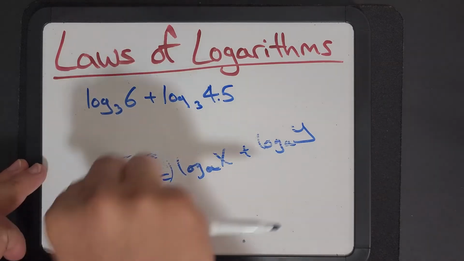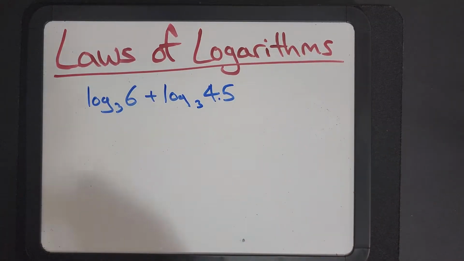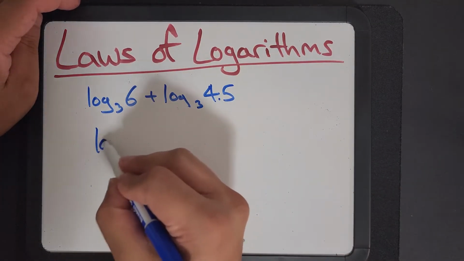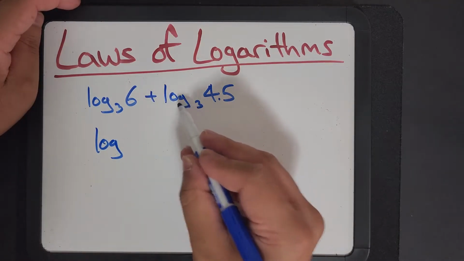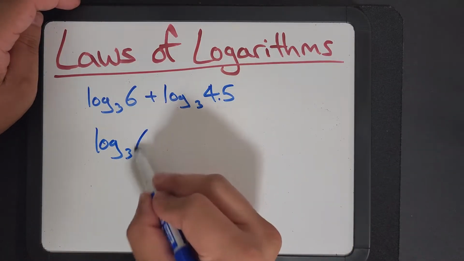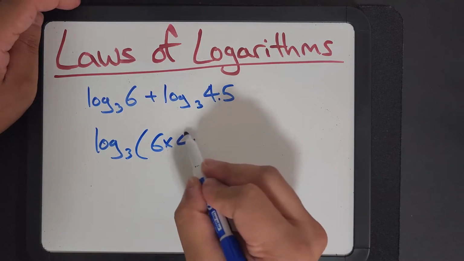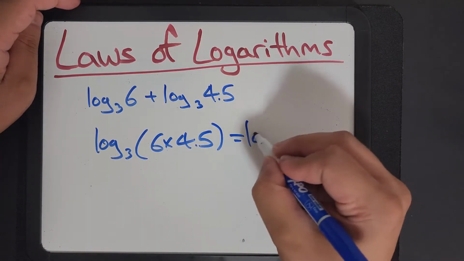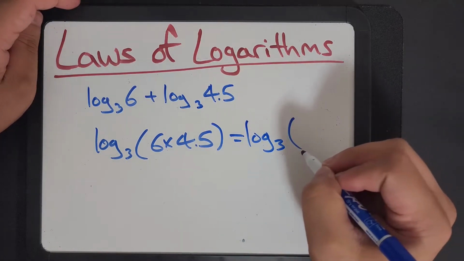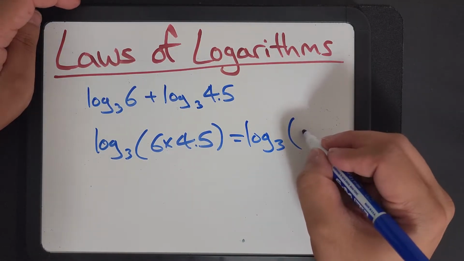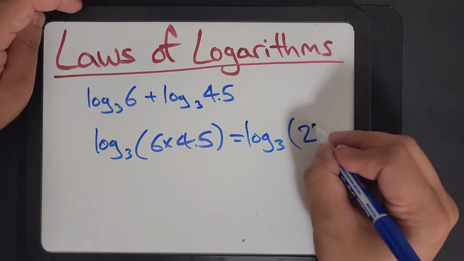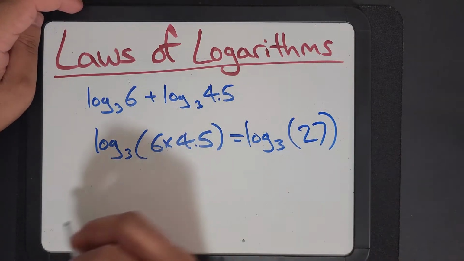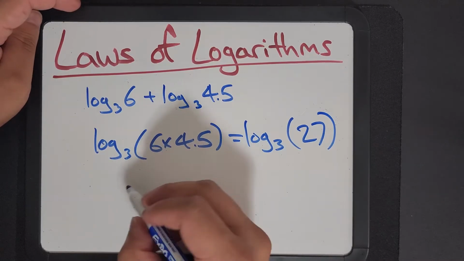So let's go ahead and do that, because we have the same base. So we have log base 3 of 6 times 4.5, and that is equal to log base 3 of, 6 times 4.5 should be 27. And we know what the answer to that is.